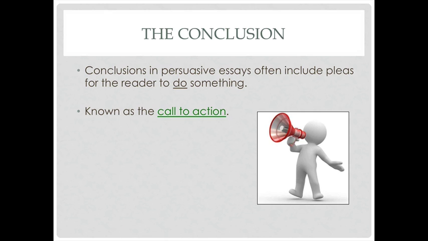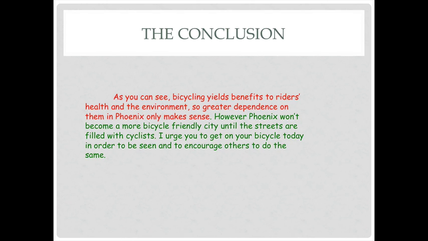Basically, many persuasive writing pieces, we're trying to convince somebody to do something, to further our cause by taking some action, and that is known as the call to action. So, my original conclusion sentence was, as you can see, bicycling yields benefits to riders' health and the environment, so greater dependence on them in Phoenix only makes sense. But then I close out with a call to action.